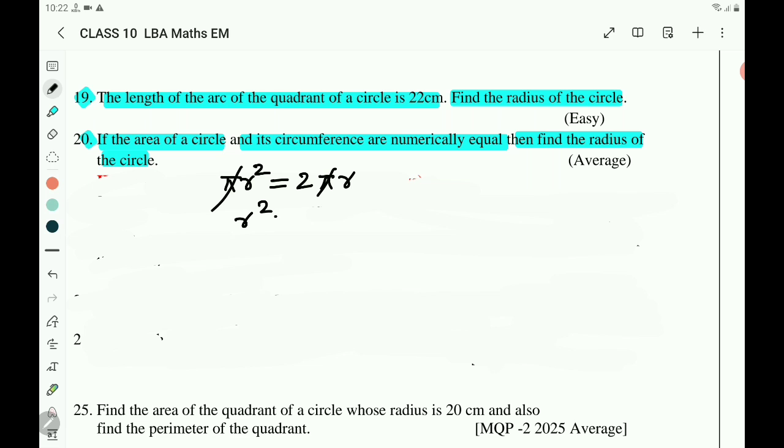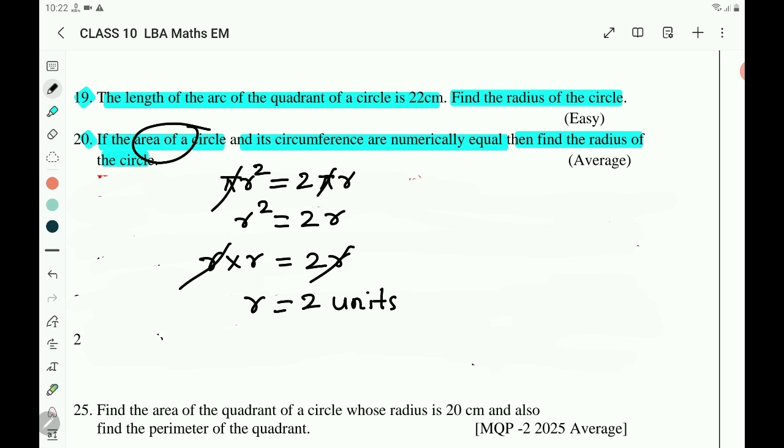Then r square is equal to 2r. R square is r into r equals 2r. You can cancel r and r here. Then we got r is equal to 2 units. So if area and circumference are numerically equal, then the radius is 2 units.